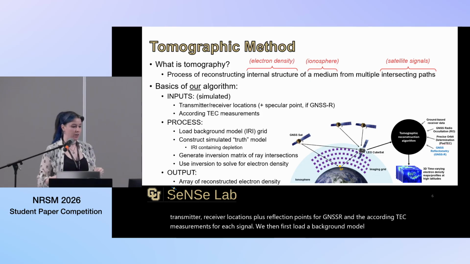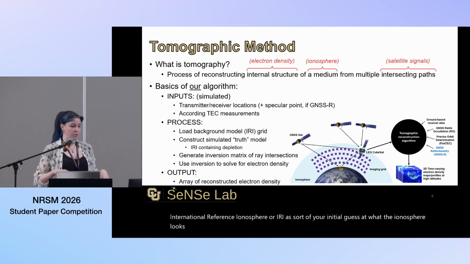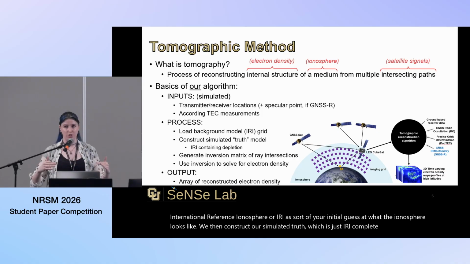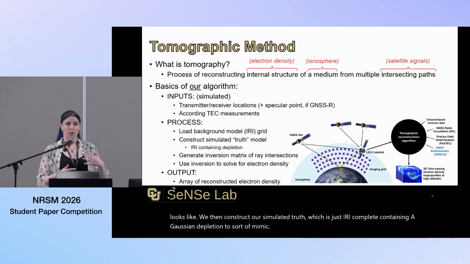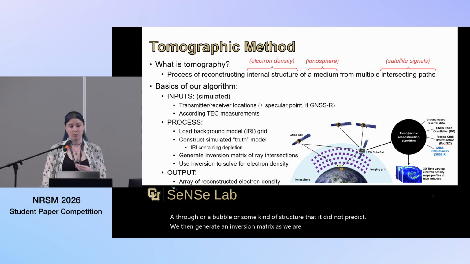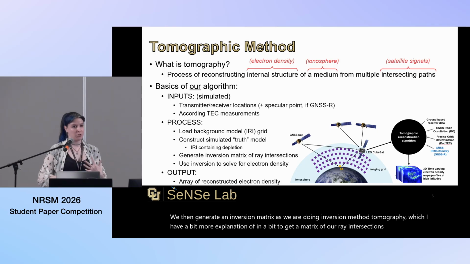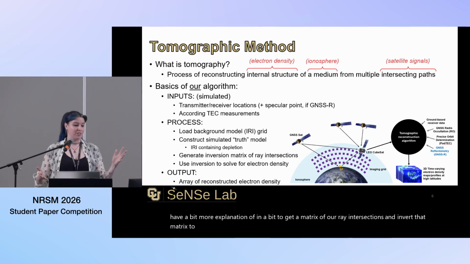We are using the International Reference Ionosphere, or IRI, as sort of your initial guess at what the ionosphere looks like. We then construct our simulated truth, which is just IRI containing a Gaussian depletion to mimic a trough or a bubble or some kind of structure that it did not predict. We then generate an inversion matrix, as we are doing inversion method tomography, which I have a bit more explanation of in a bit, to get a matrix of our ray intersections and invert that matrix to solve for our three-dimensional electron density and get these time-varying images at higher latitudes.